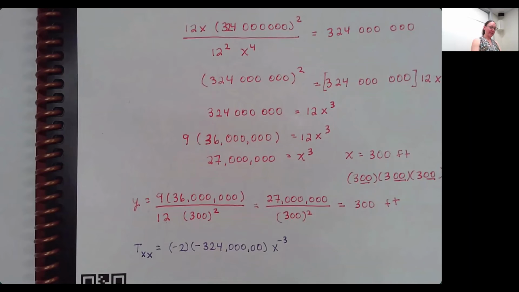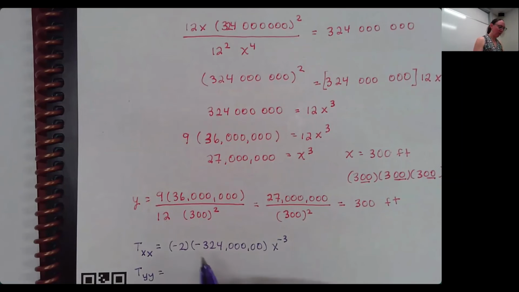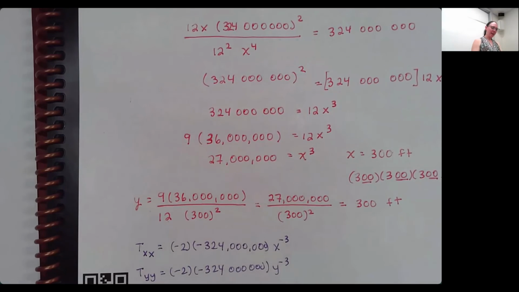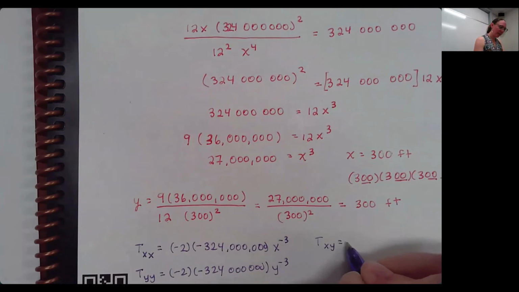By the way, that's a negative times a negative, which is a positive number. If I take my partial with respect to Y twice, I'm going to get almost exactly the same thing, but Y to the -3. Again, I've got a negative times a negative. When I put those together, that's going to be a positive value. My mixed partial derivative is friendly. It is 12.